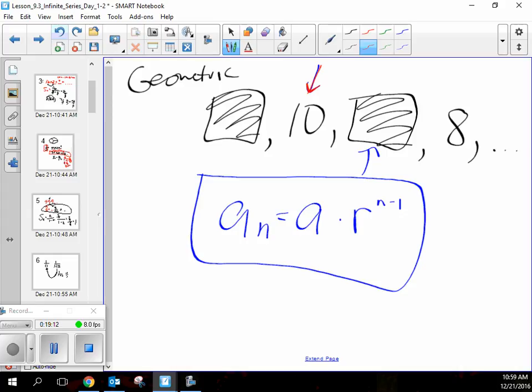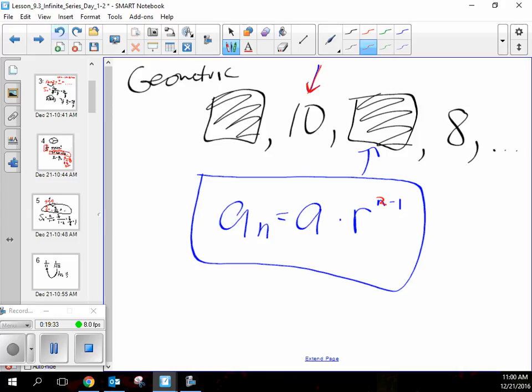This 10 is which term? And therefore, think about that. I know somebody whispered it to you, but think about it for a second. Does it make sense that the N is which term you're on, and the N is 2? Does it make sense now?